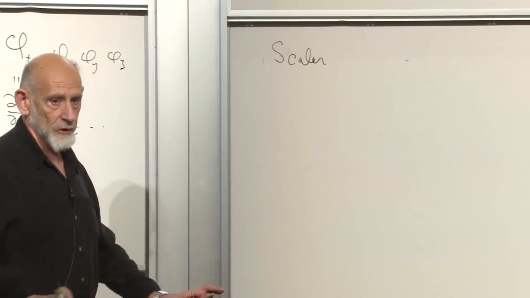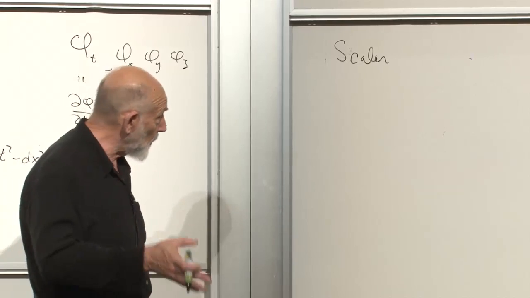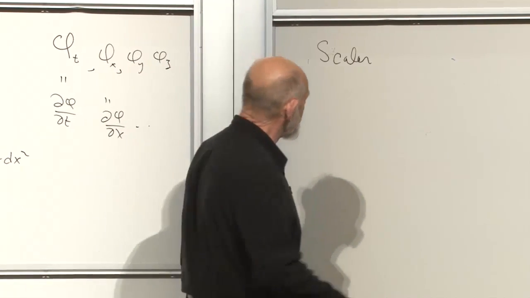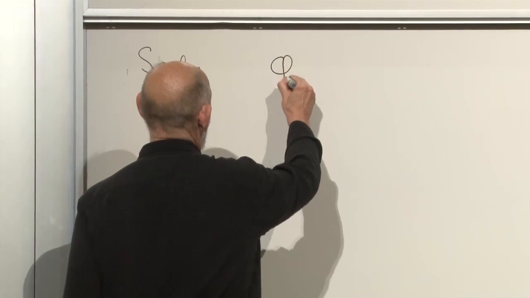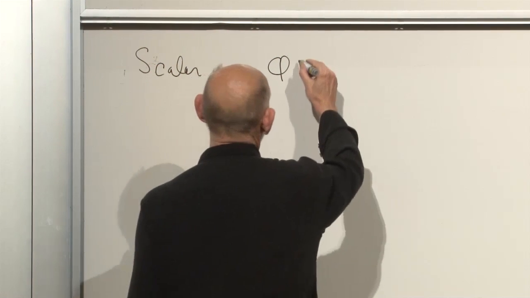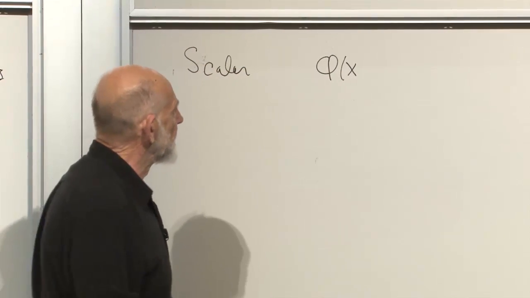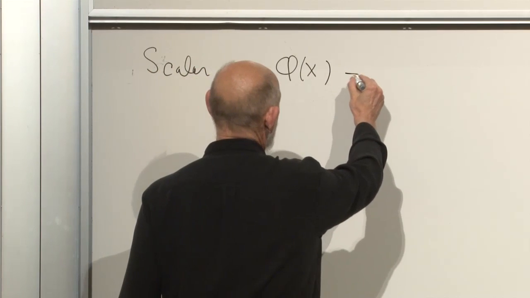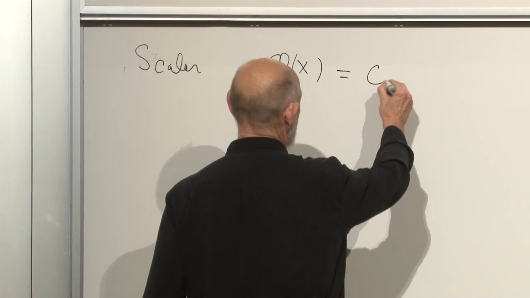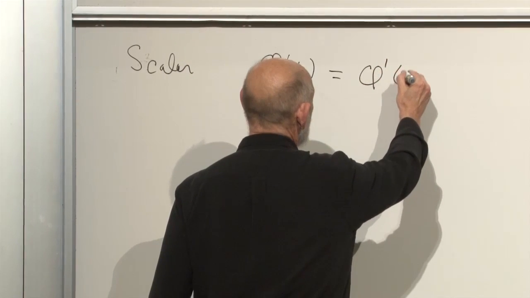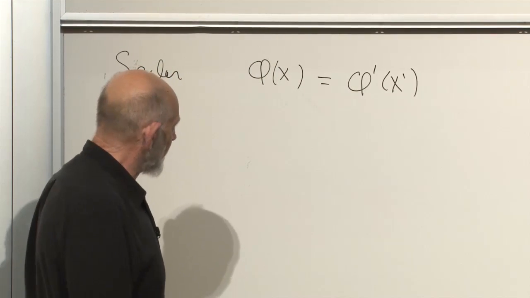A scalar doesn't change when you either rotate or Lorentz transform coordinates. You can say it this way: the value of phi at a point x, where x now stands for x and t, is exactly the same as the transformed field phi prime evaluated at the transformed coordinate.